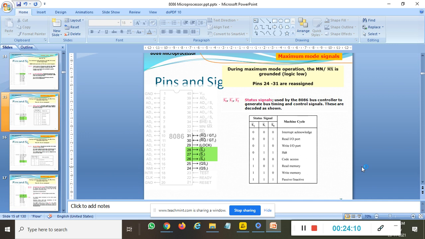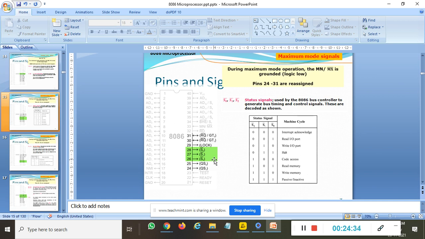So here pin numbers 26, 27 and 28 are S0 bar, S1 bar and S2 bar. These are the status signals of the microprocessor. They identify which type of operation will be performed by the processor.